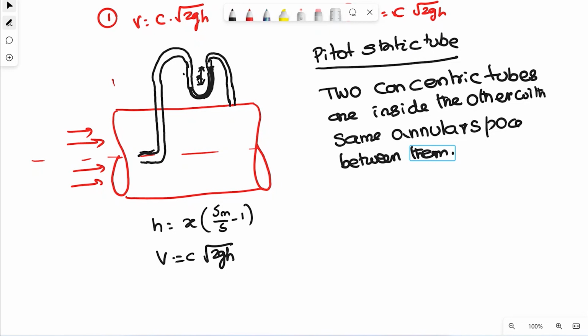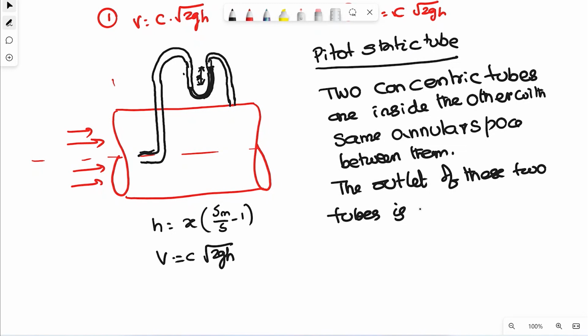Next, the outlets of these two tubes are connected to a differential manometer.